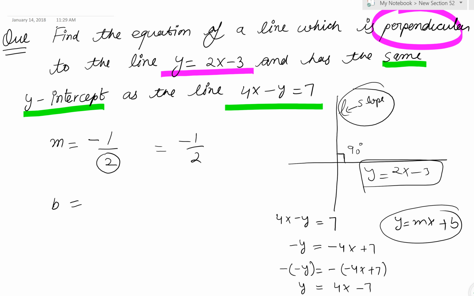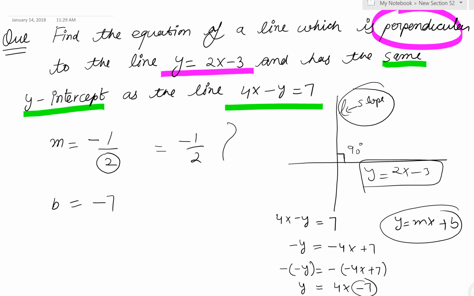Good. Now, the next thing is finding the b value in this line. In this line, this is the m and that's the b. And they're saying that your line has the same y-intercept as this line, and the y-intercept of this line is negative 7. So I write negative 7.